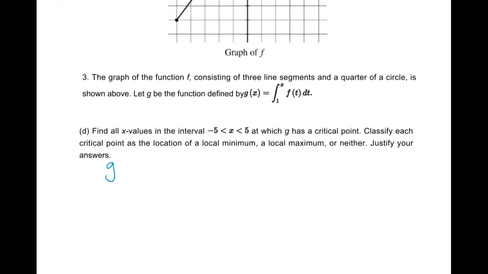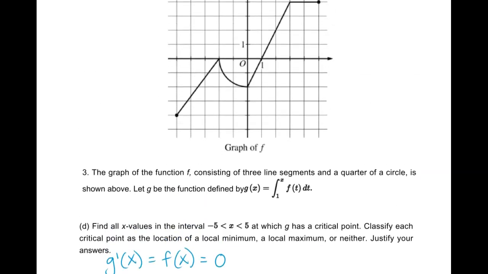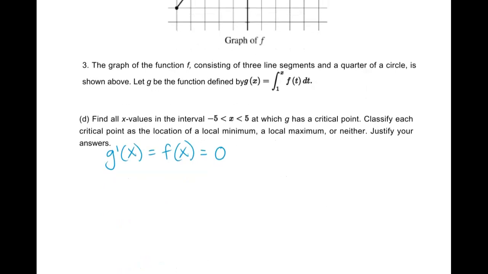We've already established that g prime of x is f of x, so we're essentially looking at when f of x equals 0. That occurs when x equals -2 and when x equals 1. So those are our potential critical points.